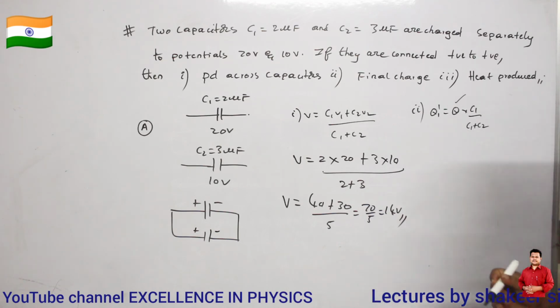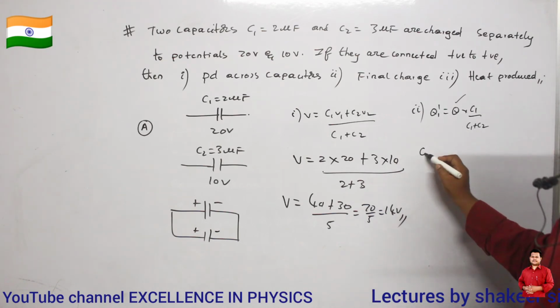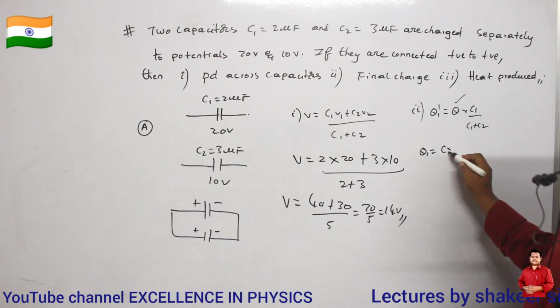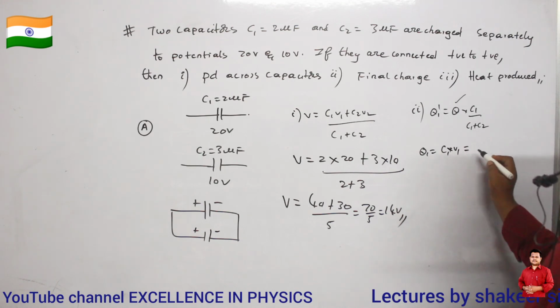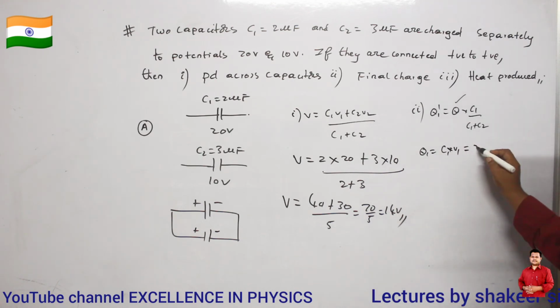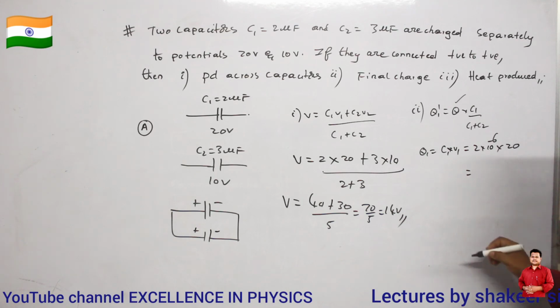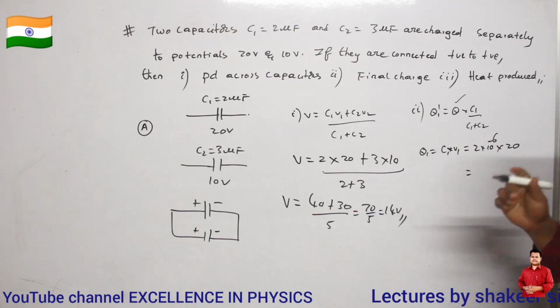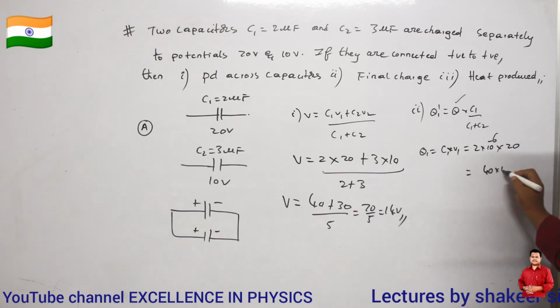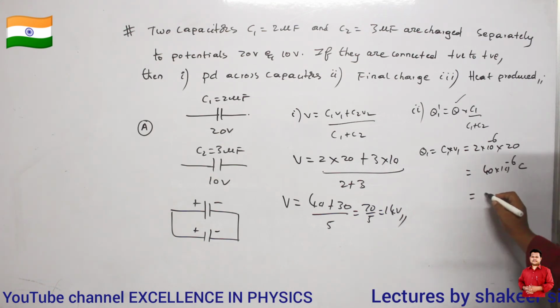The initial charge on the first capacitor, Q1, is C1 into V1. The initial capacitance is 2 into 10 power minus 6 multiplied by the initial potential 20, so it is 40 into 10 power minus 6 coulombs, which I can write as 4 into 10 power minus 5 coulombs.